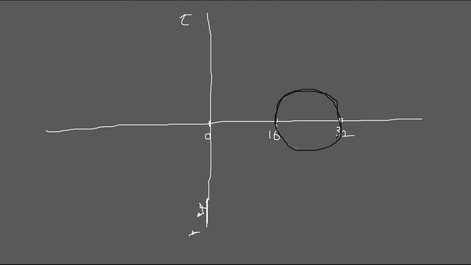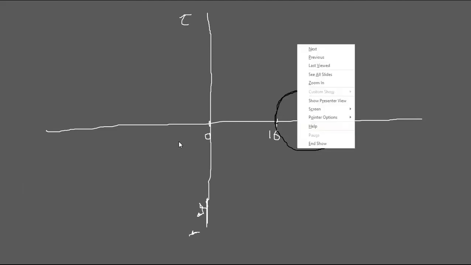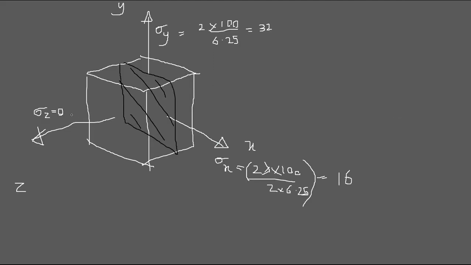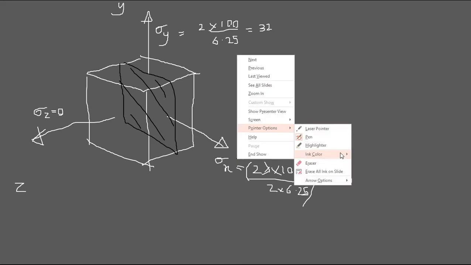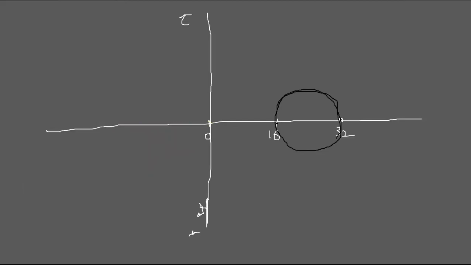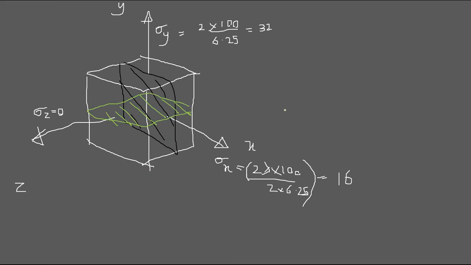And for X and Z, you have this plane, so that means 0 and 16. So this is your Mohr circle.